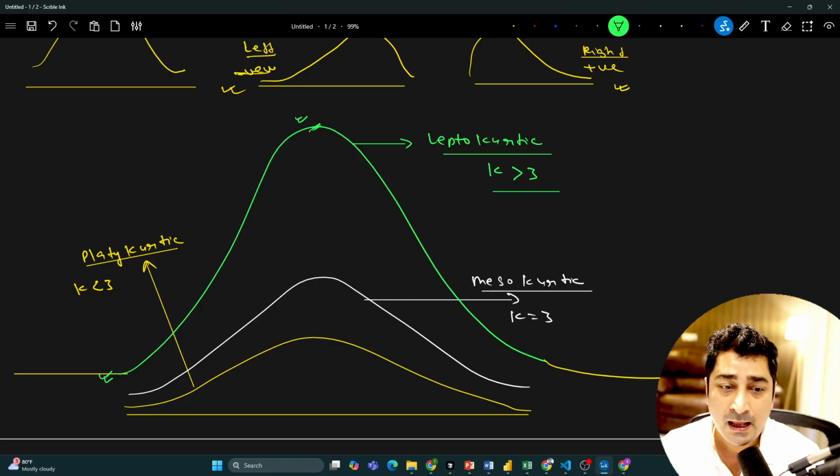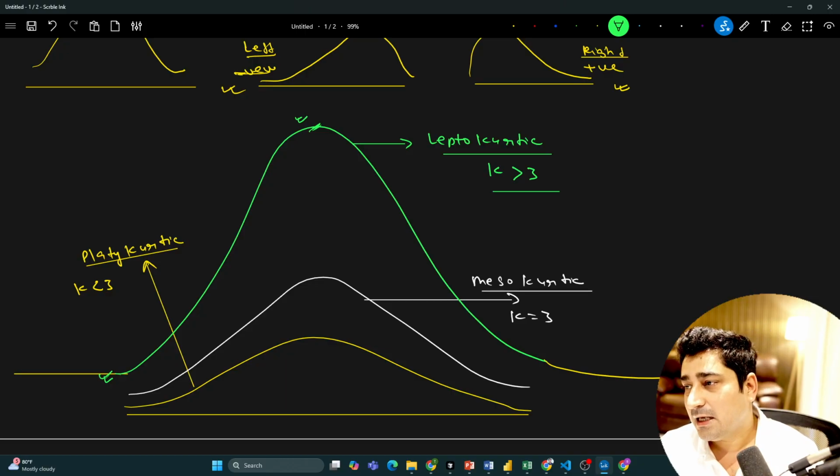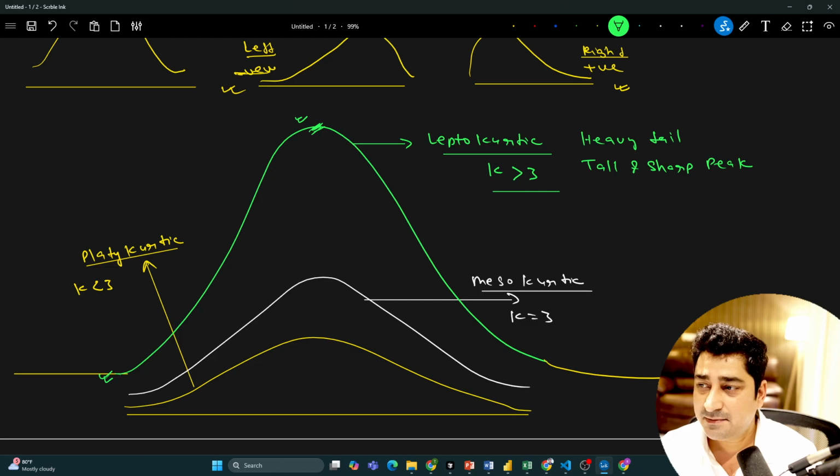on the formula. And if the k value is greater than 3, it simply means heavy tail, and a tall and sharp peak. And this is called leptokurtic.